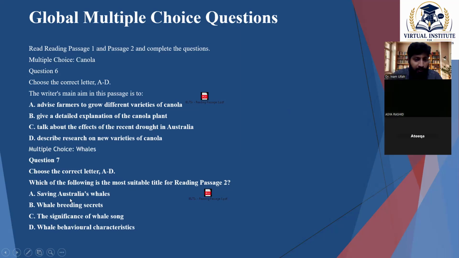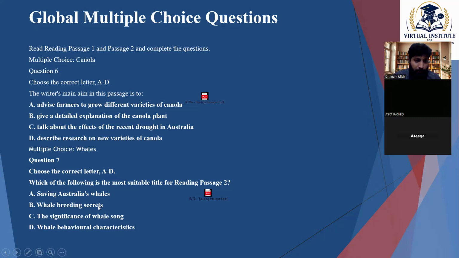And the reason is, saving Australia's whales, there is no discussion about the saving or protection of Australia's whales. The breeding secrets, yes, somehow songs are related to breeding, but it was not the only reason for the songs.